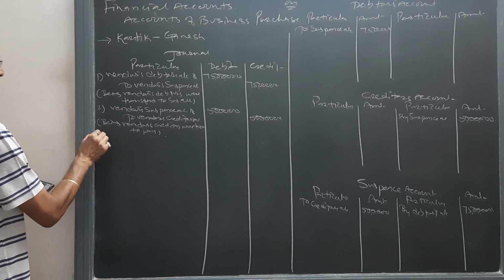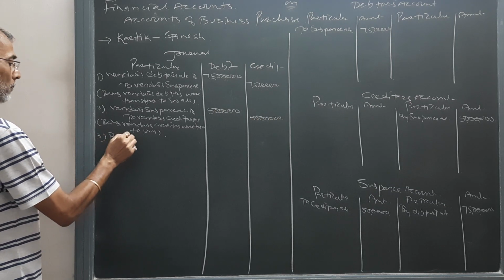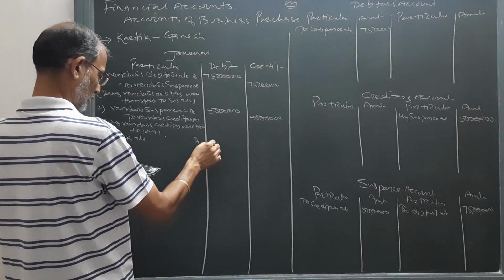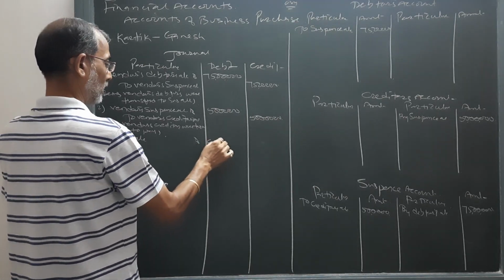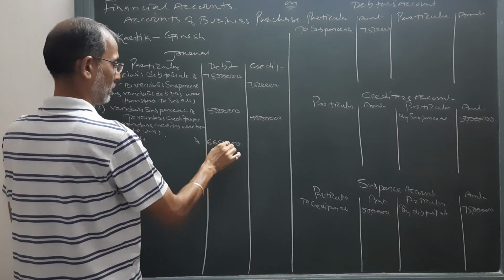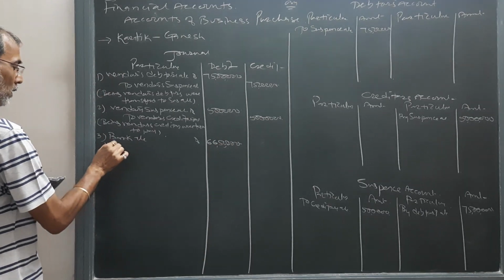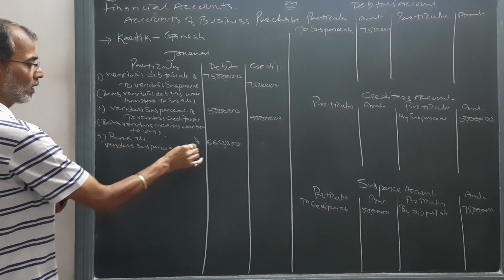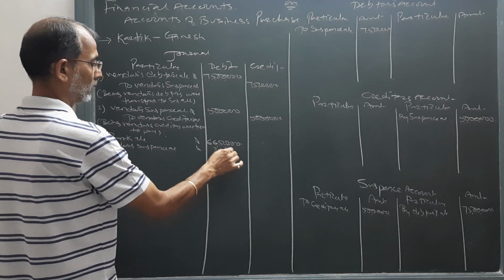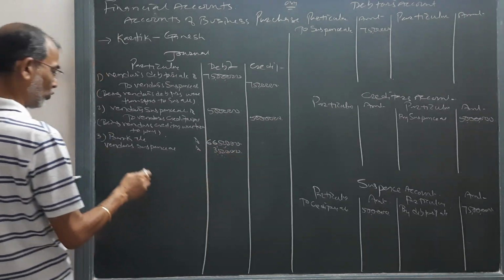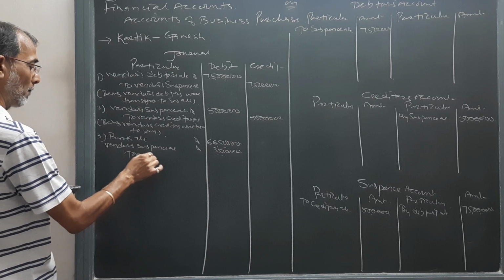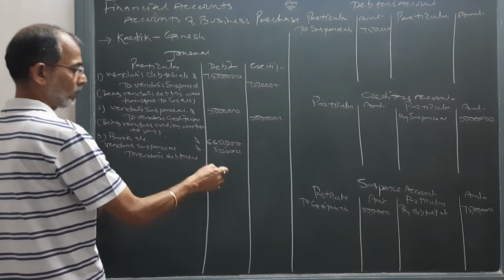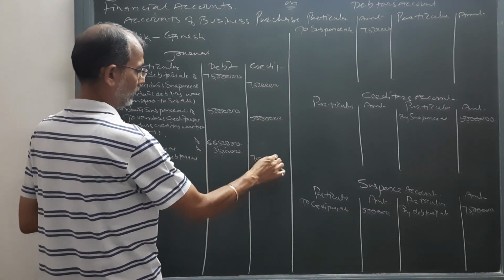So the amount will come: bank account debit 66 lakh 50,000, vendor's suspense account debit 3 lakh 50,000 to vendor's debtors account 70 lakh.